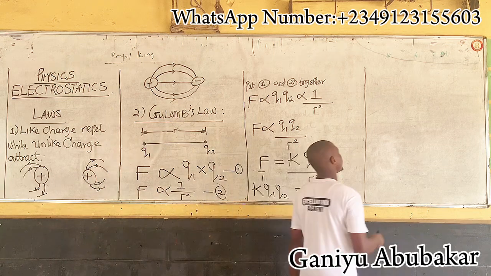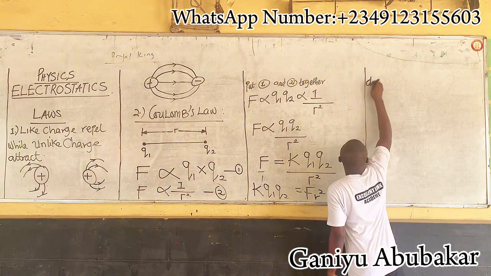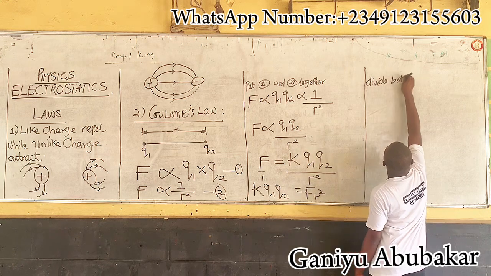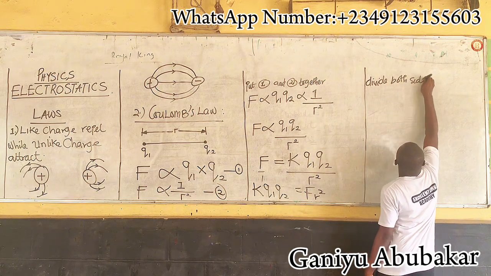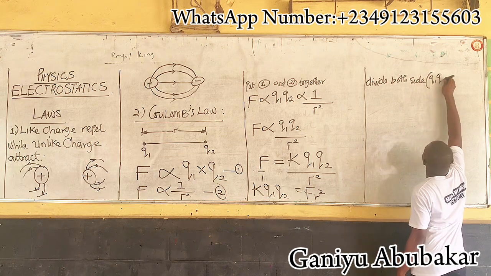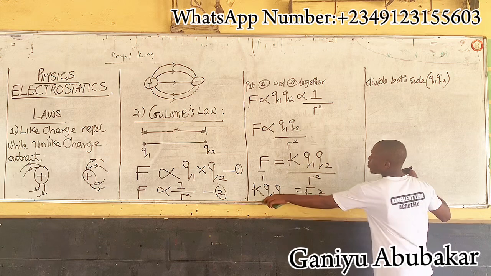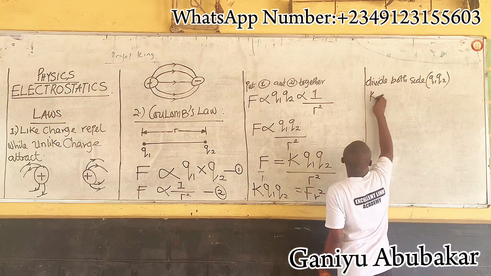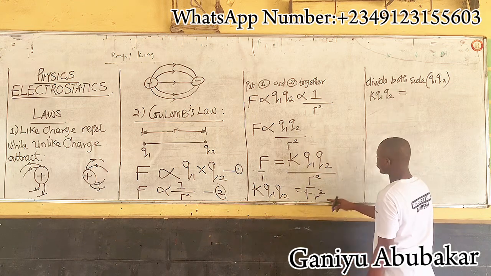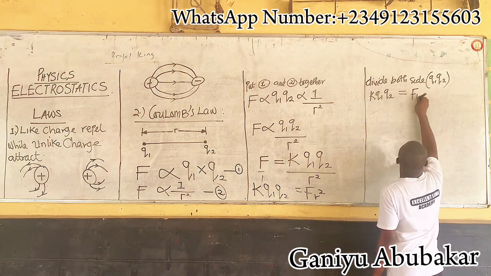Divide both sides by Q1 Q2. So pick out this one first: K Q1 Q2 equal to F R squared.